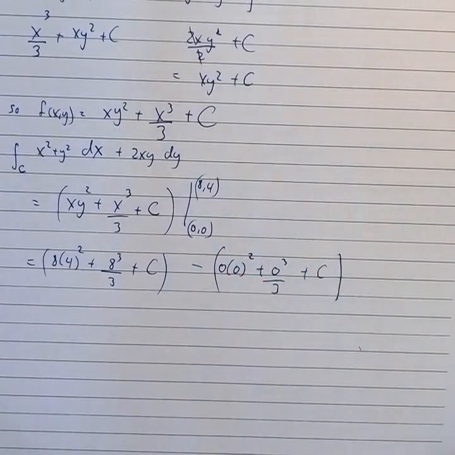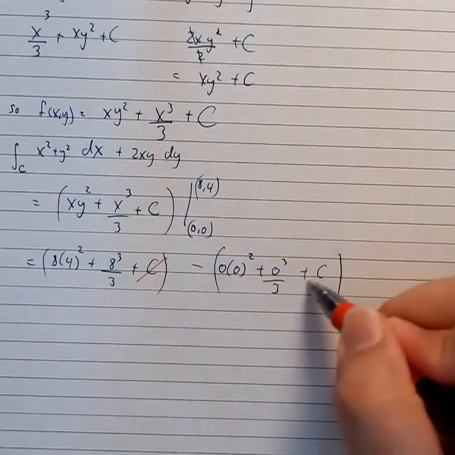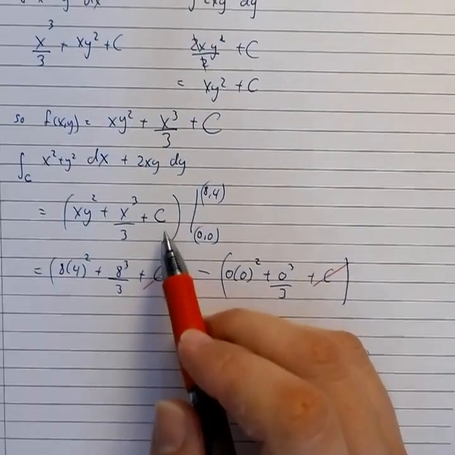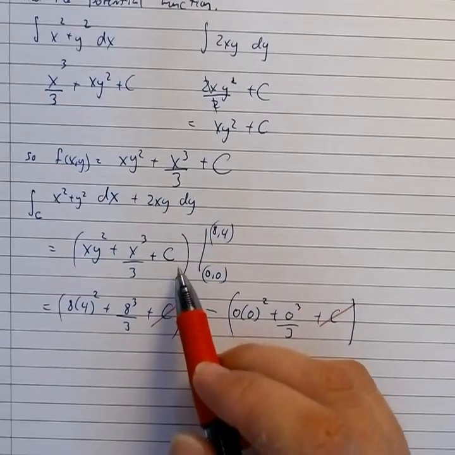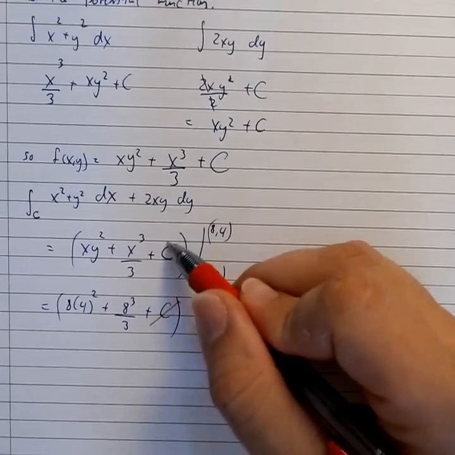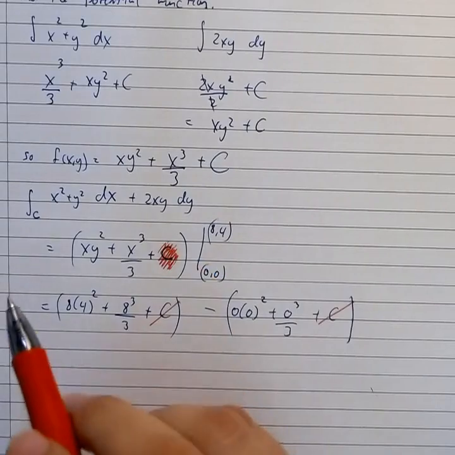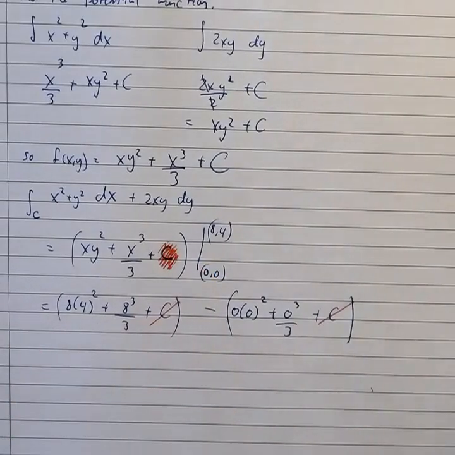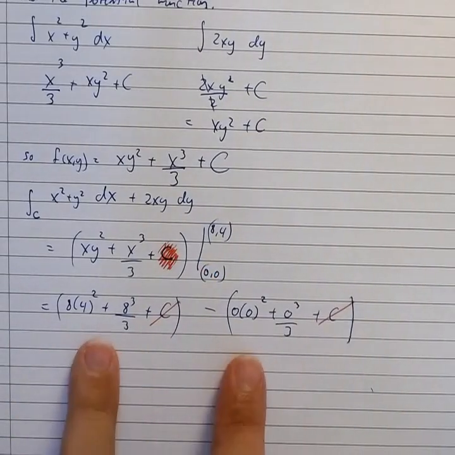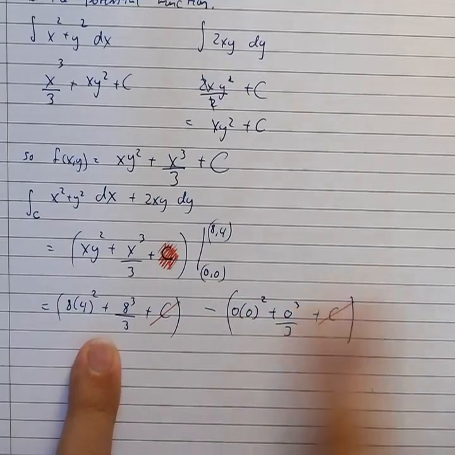And notice that no matter what the constant is, it always goes away. So just like with the fundamental theorem of calculus in Calculus 1, we generally don't write a constant. It's not necessary for a definite integral. So we're really just focused on this part. Obviously, that's just 0, so we don't worry about that.